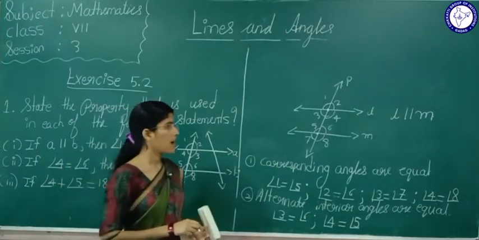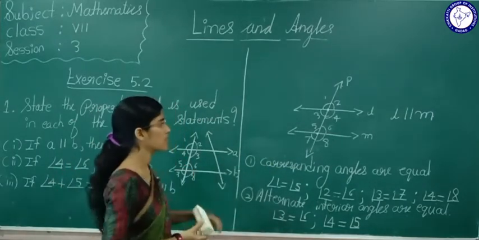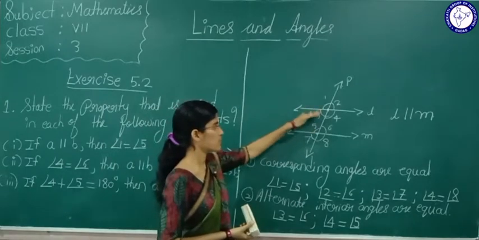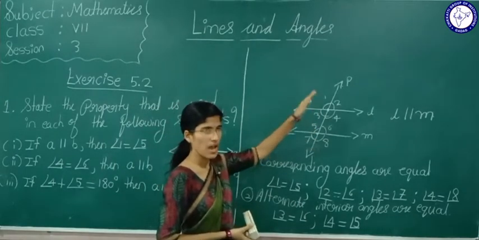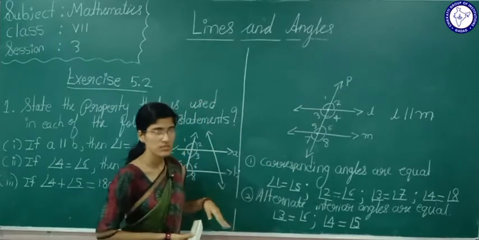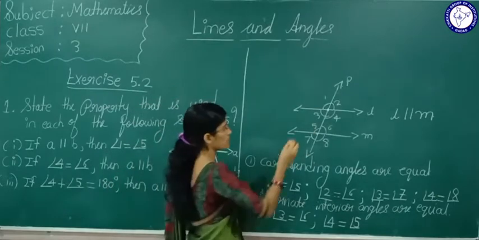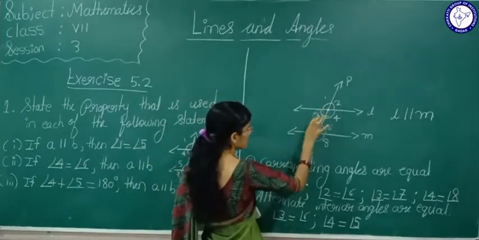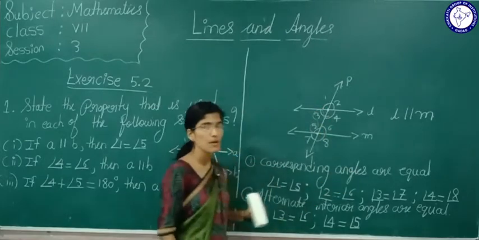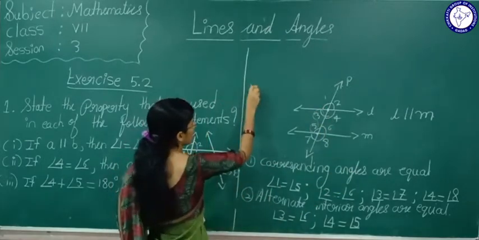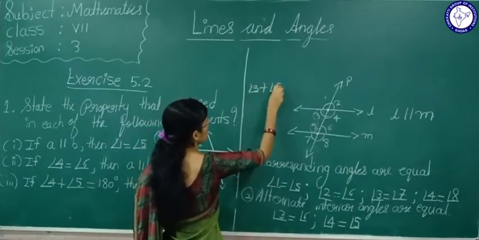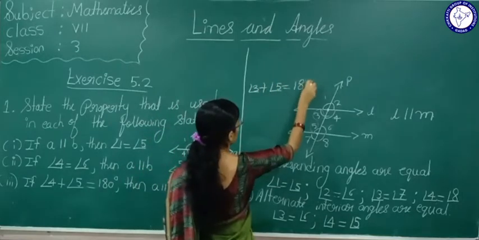Again we know that if two lines are parallel and P is a transversal, what can we say? The interior angles on the same side of the transversal are supplementary. It is angle 3 plus angle 5 is equal to 180 degrees. We have studied this.